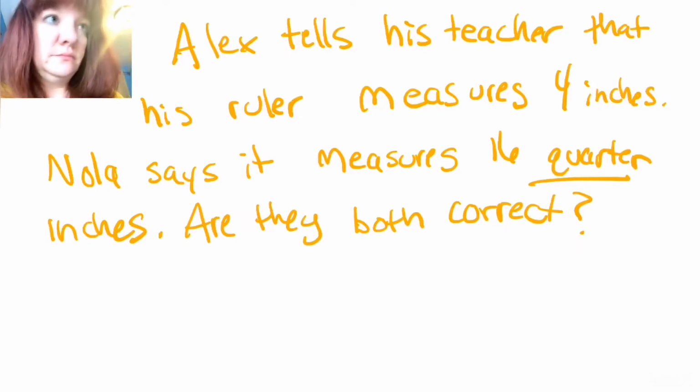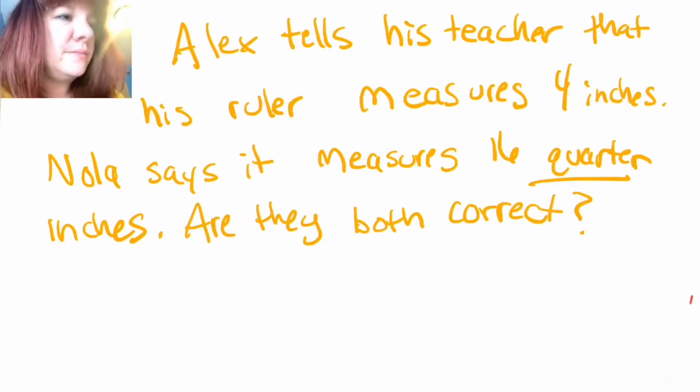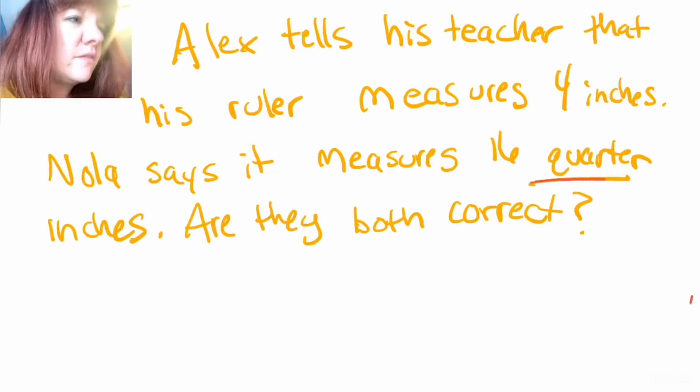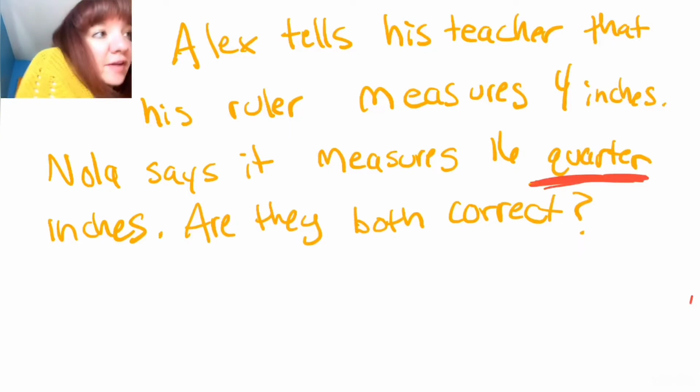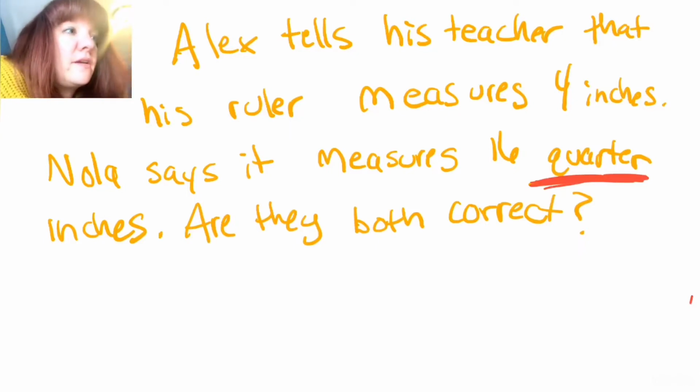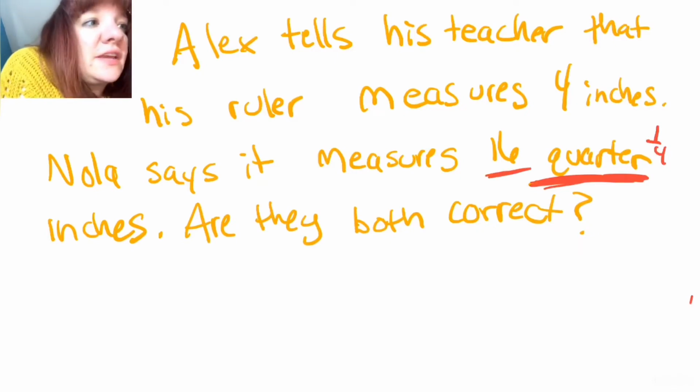So here is the word quarter. And if we talk about fractions, a quarter is also equal to 1/4. So she says it measures 16 quarters. And Alex says, well, it measures 4 inches. Are they both correct? Let's go back and look.